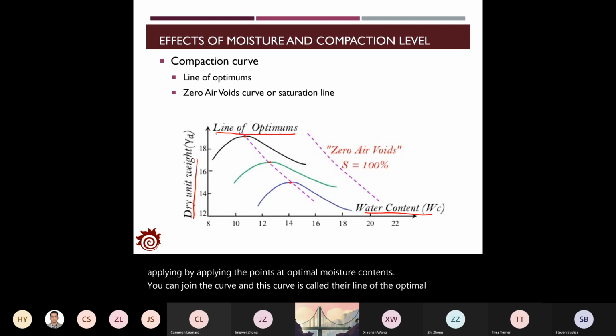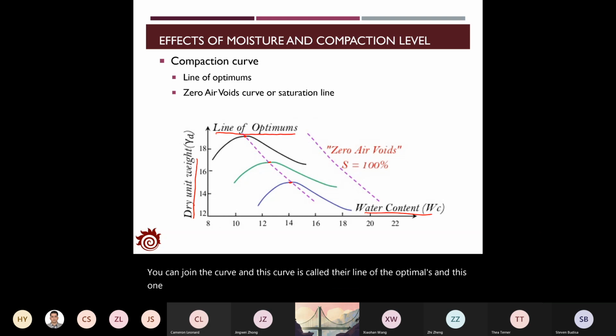This line of the optimals is the optimal line caused by the different compaction levels.